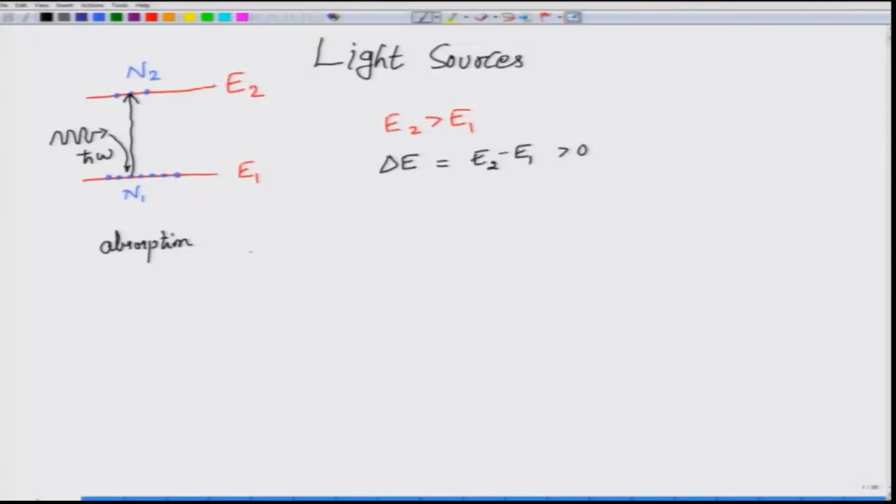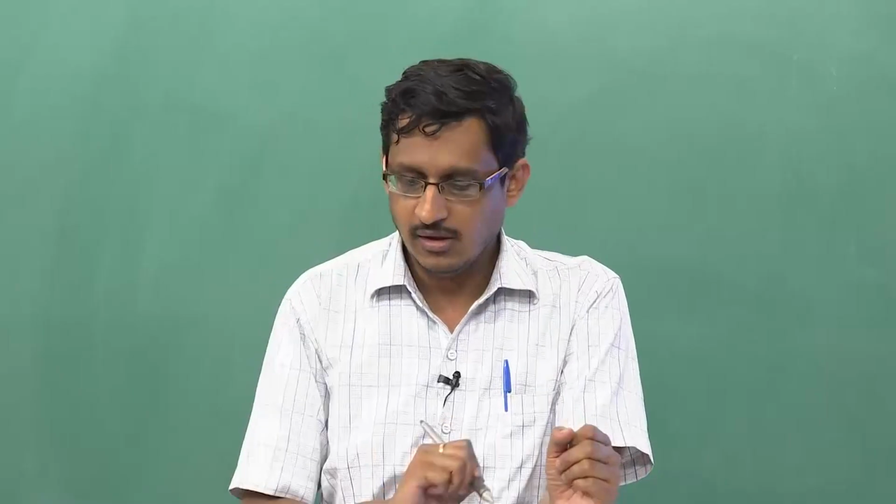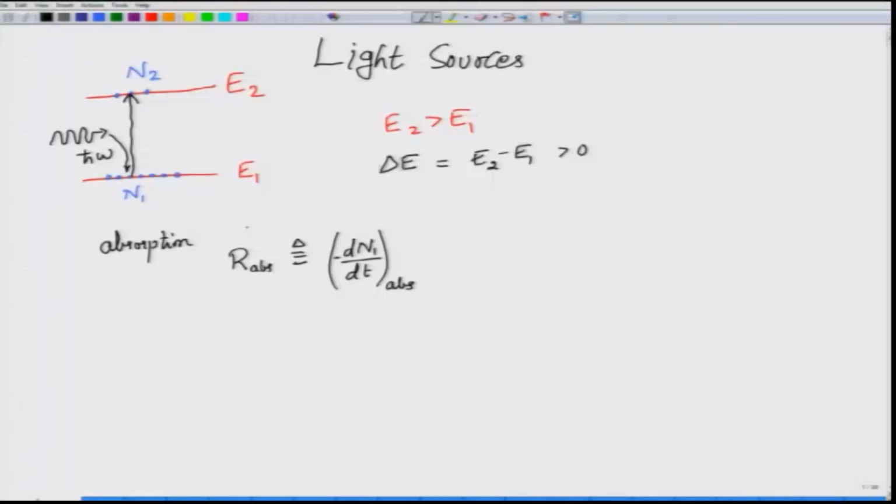The rate of absorption, let us denote this as R_ABS, and this is by definition the rate at which the atomic population in level 1 is decreasing. So, there is a minus dN1 by dt. It is clear, if the atoms are leaving energy level 1, then the rate at which N1 is changing will be negative.